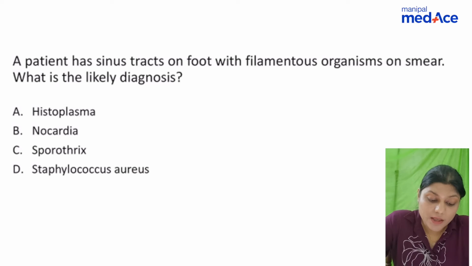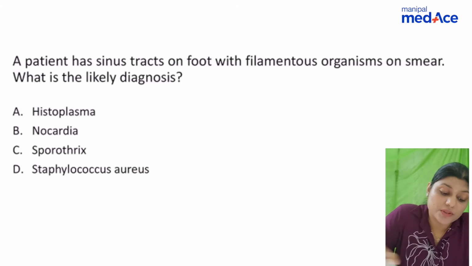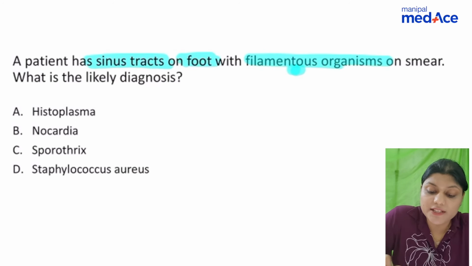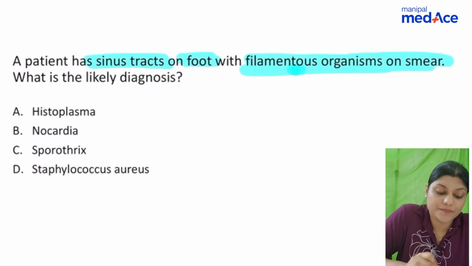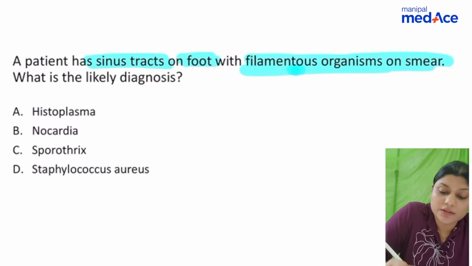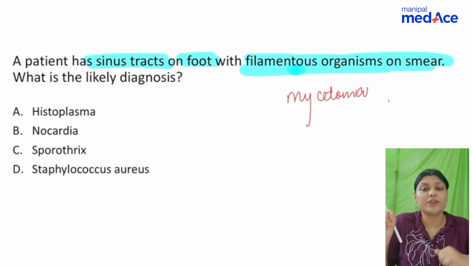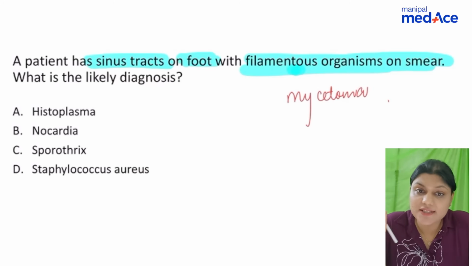Next question: a patient has sinus tracts on the foot with filamentous organisms on smear. What is the likely diagnosis? The keywords are sinus tracts on foot and filamentous organisms on smear. So here we are talking about mycetoma, in which the patient complains of a triad of swelling and discharging sinuses having grains.